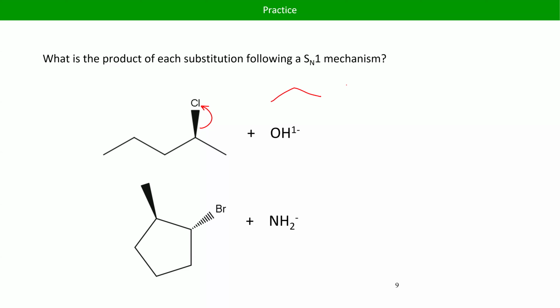So then we get an intermediate that looks like this, plus chloride floating around. Plus the OH, and we still have the OH as well, which is a hydroxide group. It's not an alcohol till it's attached to a carbon.